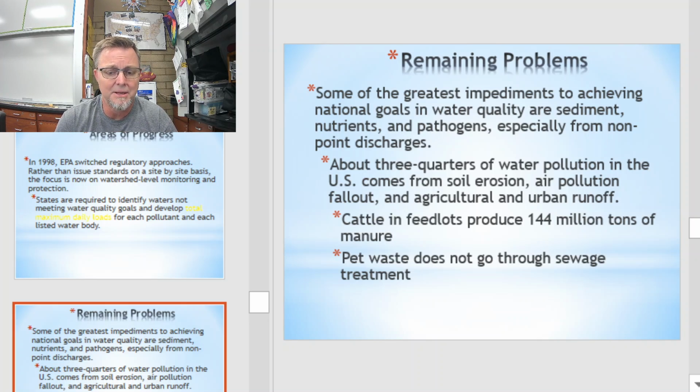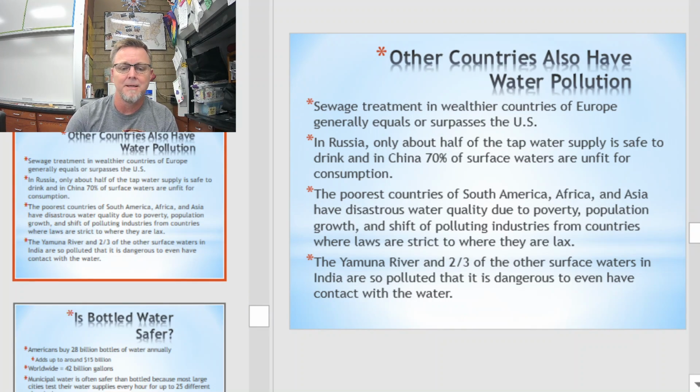Every time it rains, you bet all that nitrogen and phosphorus can run off the feedlot and end up in waterways. Even pet waste does not go through sewage treatment. So if it's piling up in flower beds and on lawns and then you turn on the sprinklers, the rest should be self-explanatory.